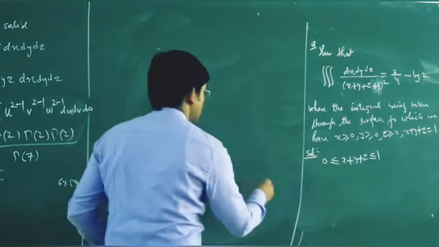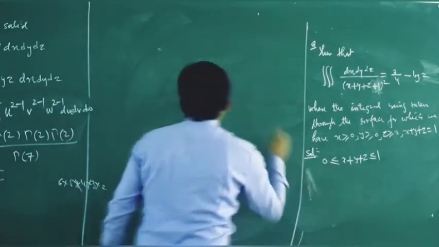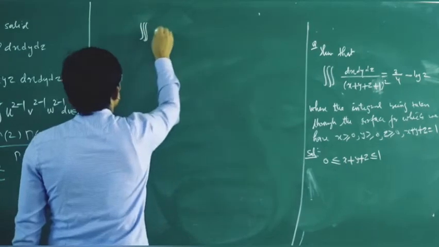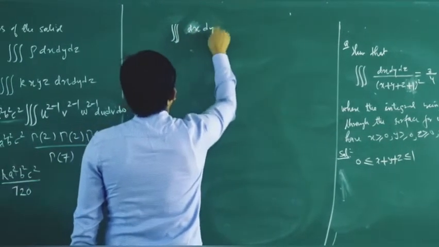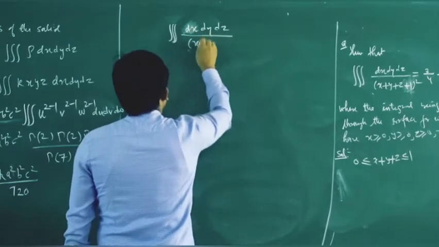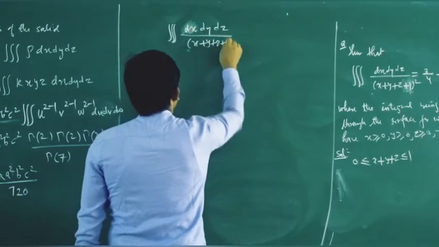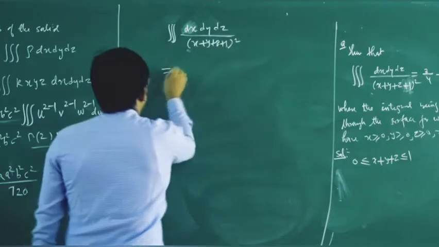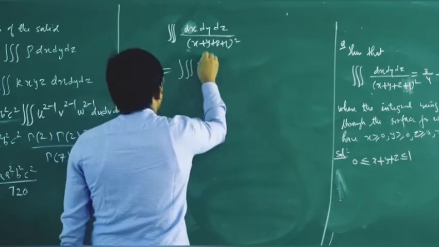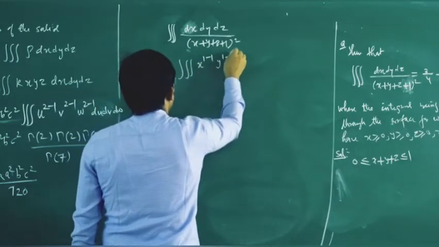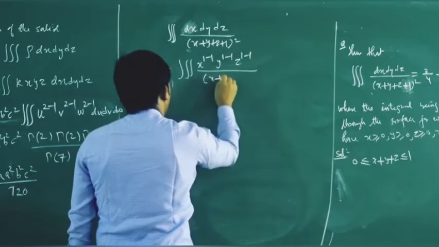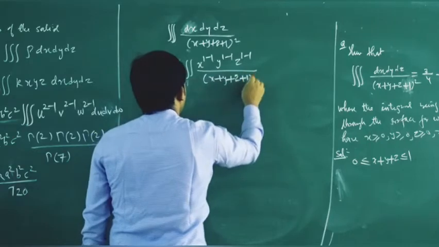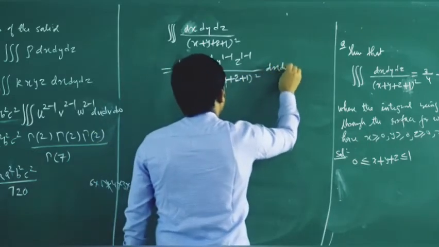So the triple integral dx dy dz upon x plus y plus z plus 1 whole squared can be written as x power 1 minus 1, y power 1 minus 1, z power 1 minus 1 into a function of x plus y plus z into dx dy dz.